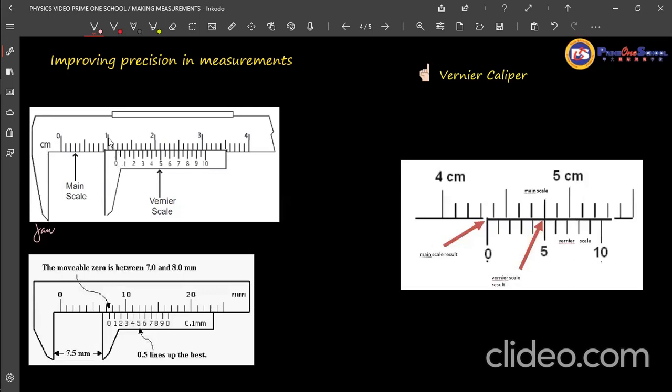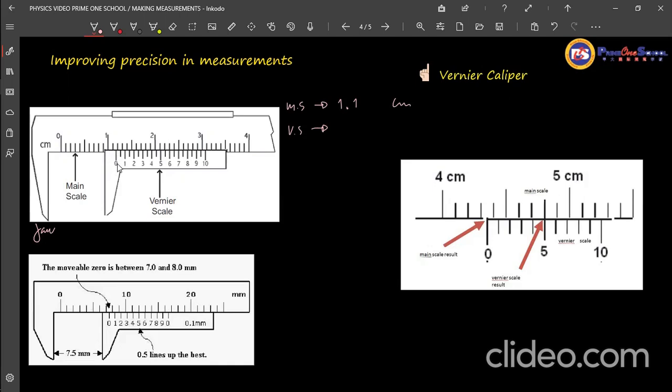So the main scale equals 1.1 centimeter. Now we read the Vernier scale. The zero is over here, and the reading is more than 1.1.